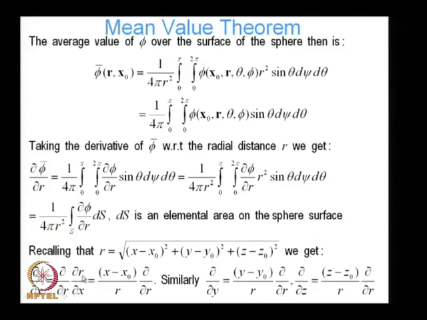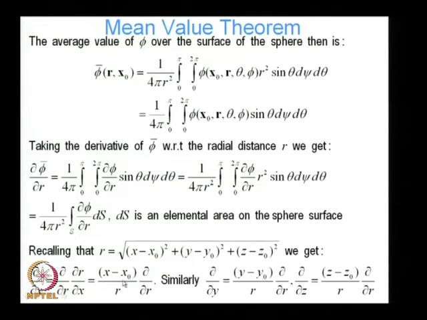From this expression for r, if I take partial of r with respect to x, I get x minus x 0 by r, and I have partial with respect to r. Similarly, I get del del y is equal to y minus y 0 by r del del r, del del z is equal to z minus z 0 by r del del r.